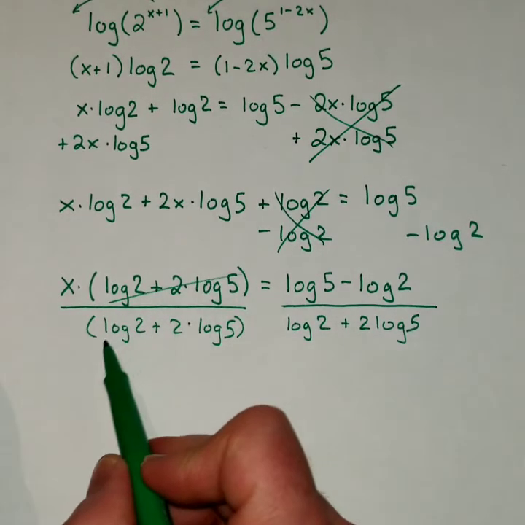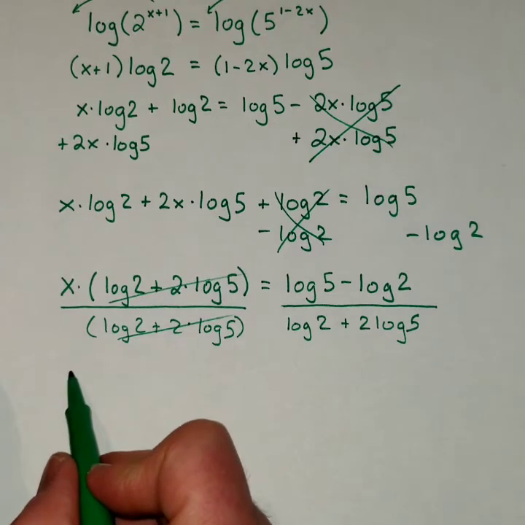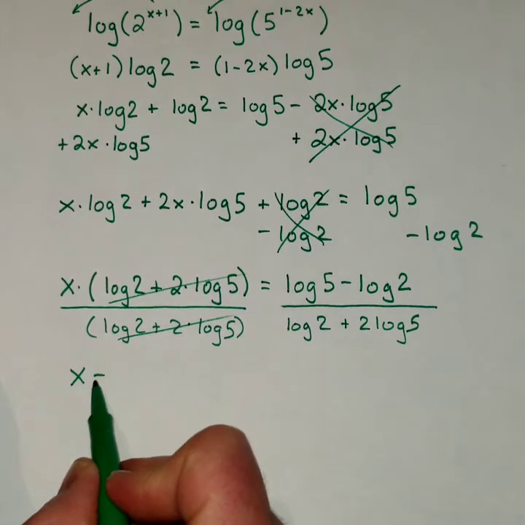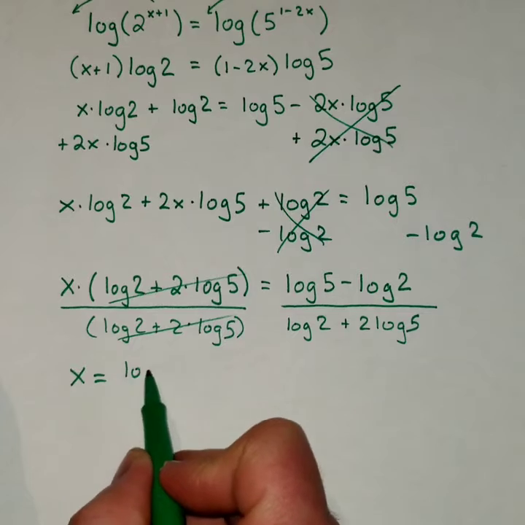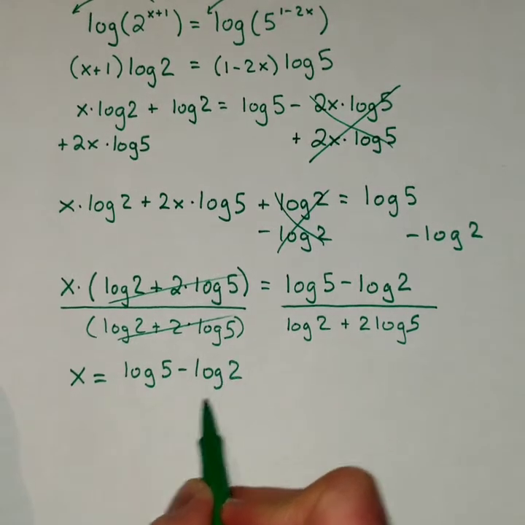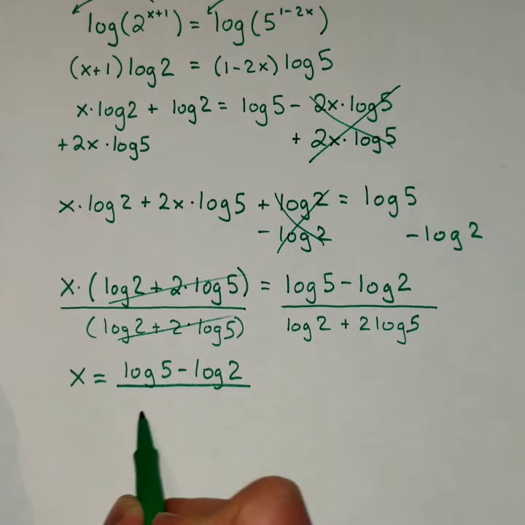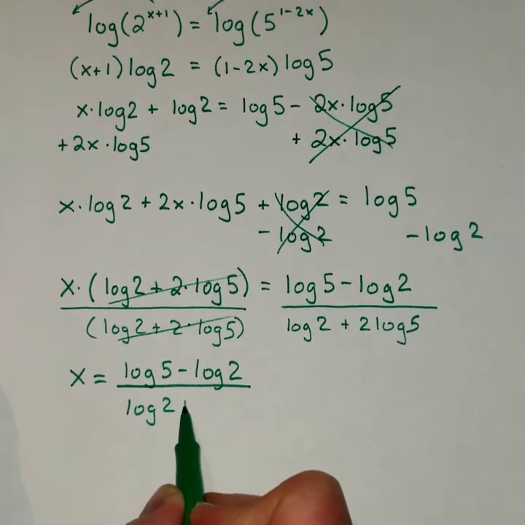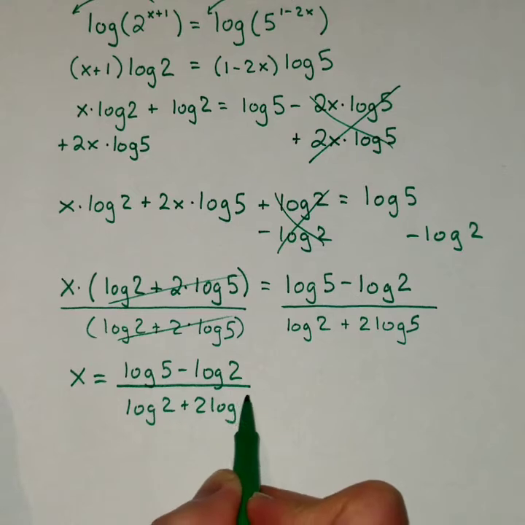Alright, so on the left side, these all cancel out. On the right side, I'm left with just log 5 minus log 2 all over log 2 plus 2 log 5.